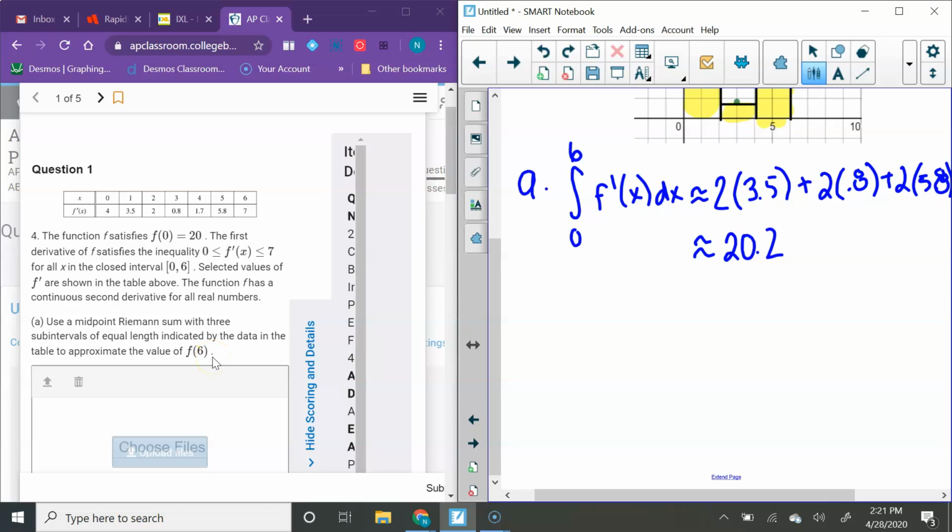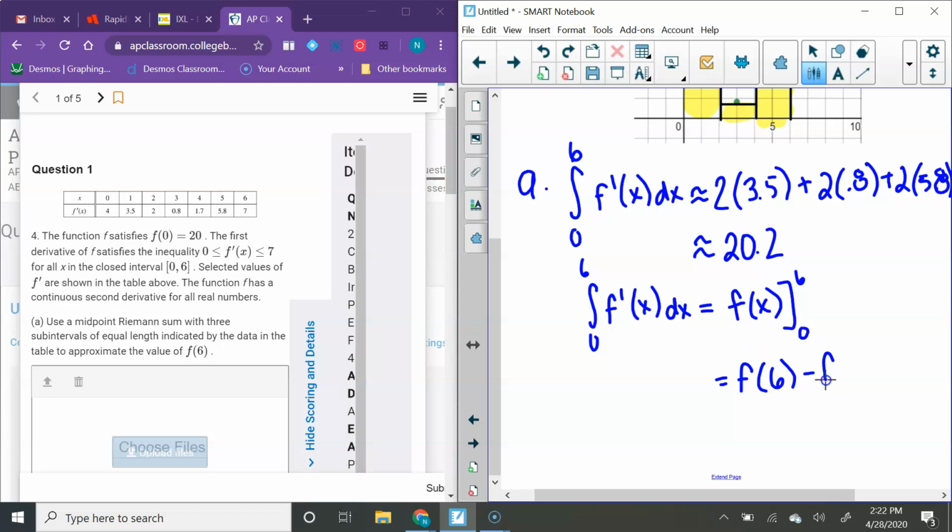So this is a fundamental theorem of calculus problem here. The fundamental theorem of calculus tells us if I take the integral from 0 to 6 of f prime of x dx, when I integrate f prime of x, I will get f of x. And I'll need to evaluate that from 0 to 6, which would mean that it equals f of 6 minus f of 0.